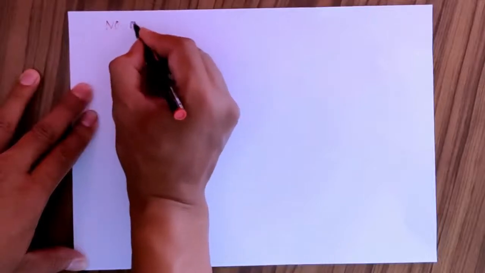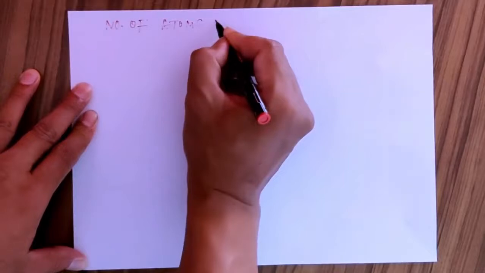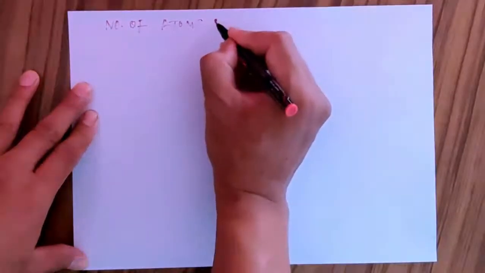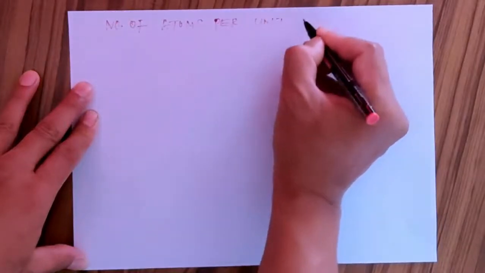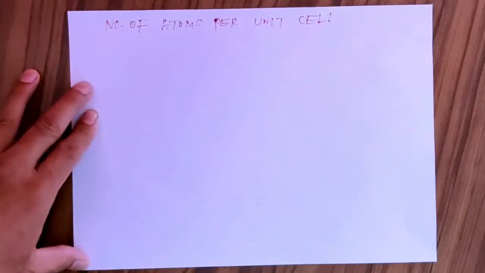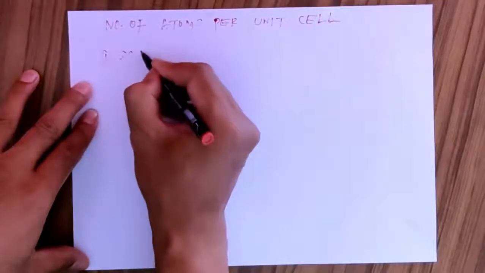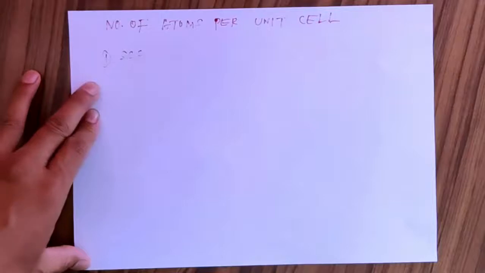So now, the number of atoms per unit cell. First, SCC, the full form is simple cubic cell.